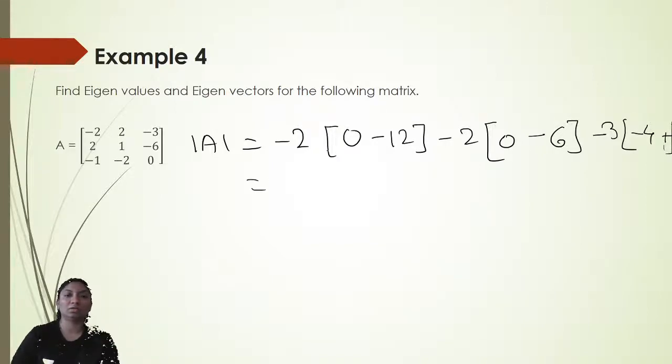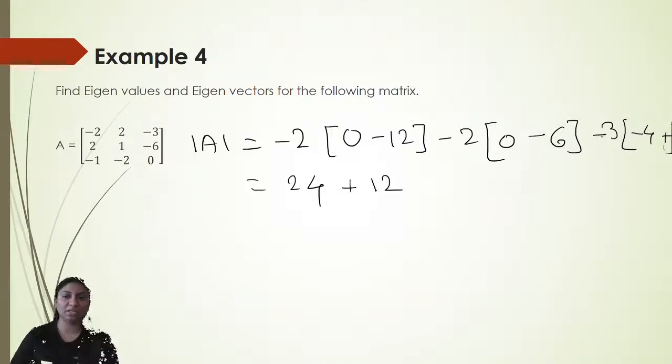Okay, so minus 2 into minus 12 plus 24, minus 6 into minus 12 minus 2 plus 12, minus 4 and plus 1.